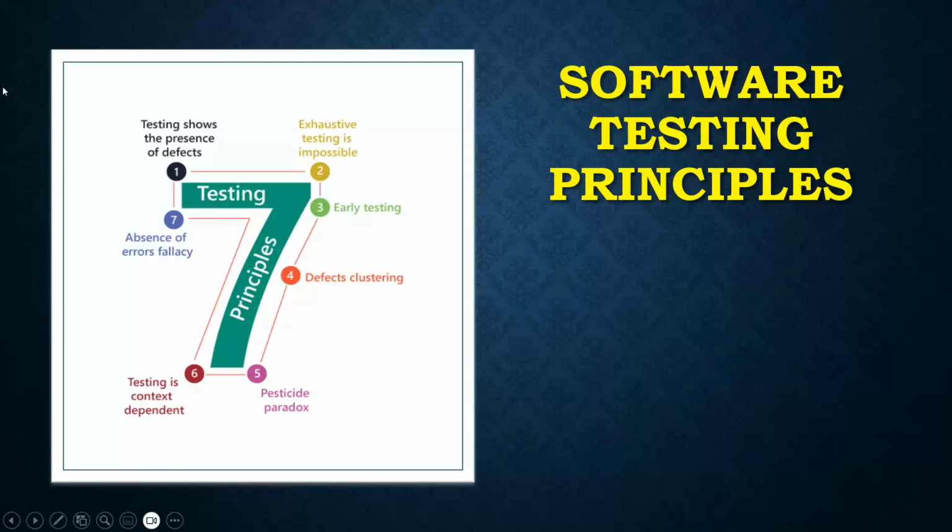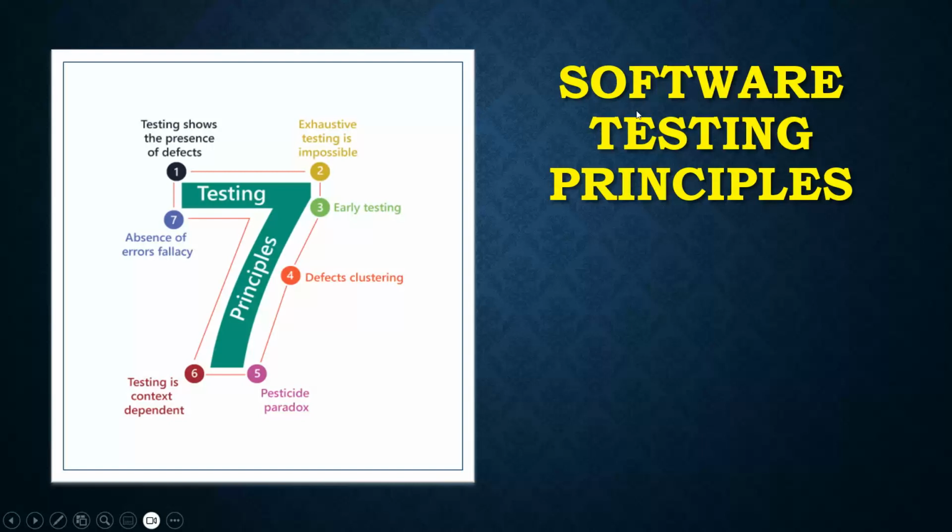So I will try to explain these seven principles. Probably someone can ask you in an interview, but once you start your job, you will never see these seven principles written down. You just learn these seven principles in your daily life.